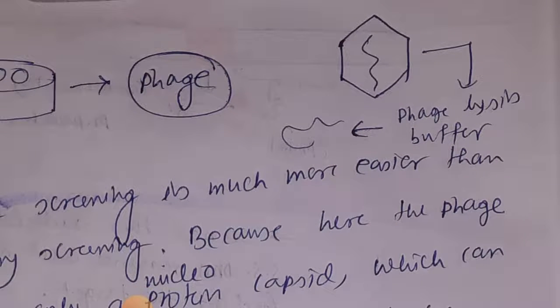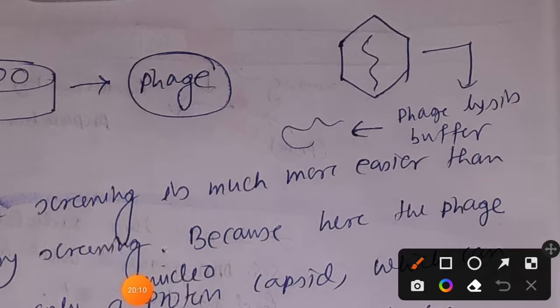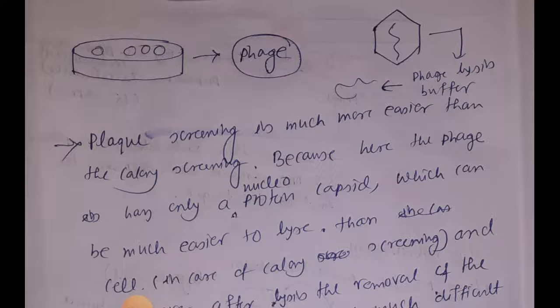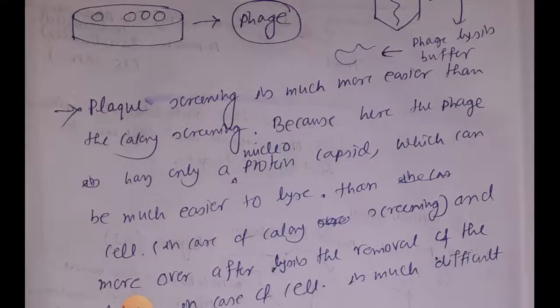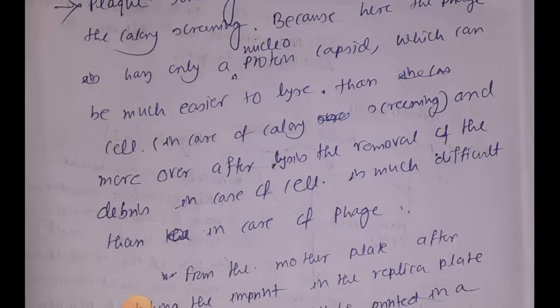In contrast, in plaque hybridization you only have to deal with those nucleocapsids. That means the washing step will be very easy for plaque hybridization. So that was the concept regarding phage hybridization and colony hybridization.